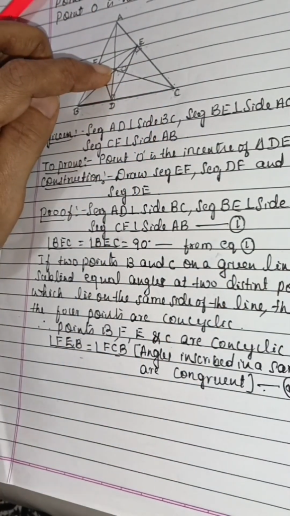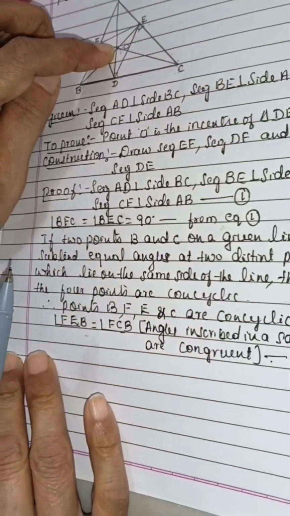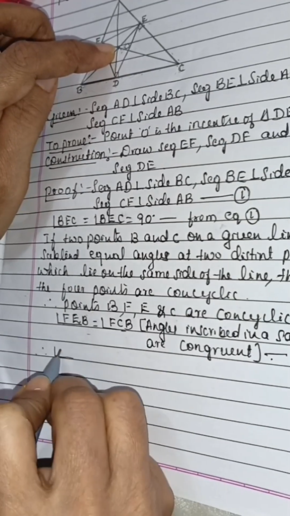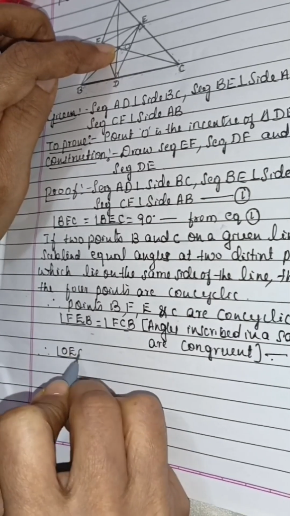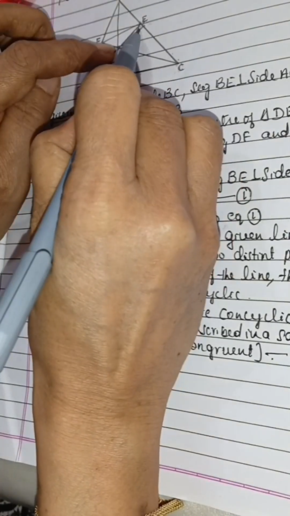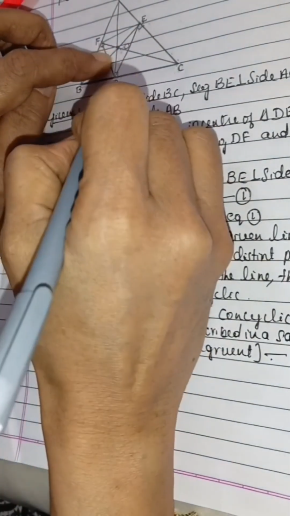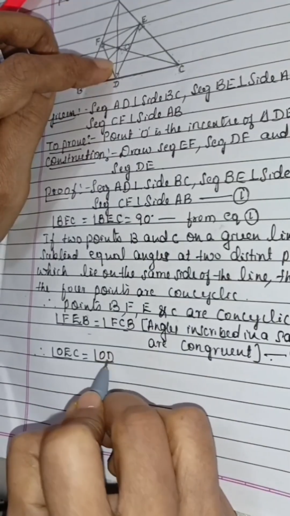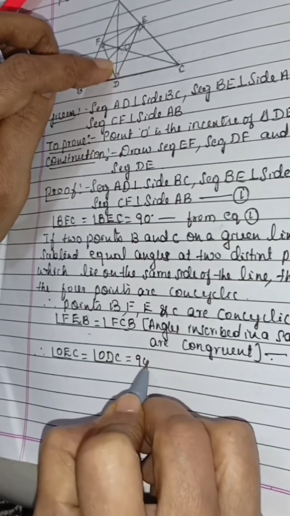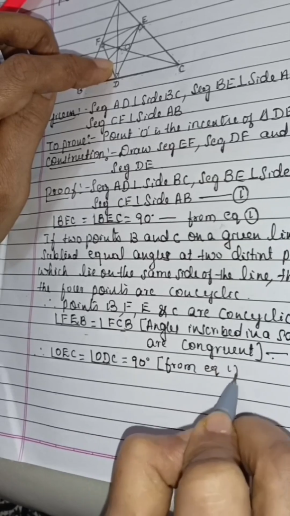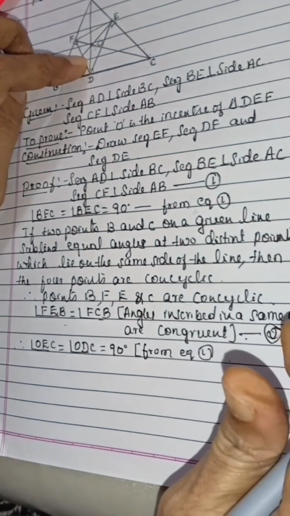We'll write that. Therefore, angle OEC is 90 degrees, equal to angle ODC, which is 90 degrees. This is from equation 1.